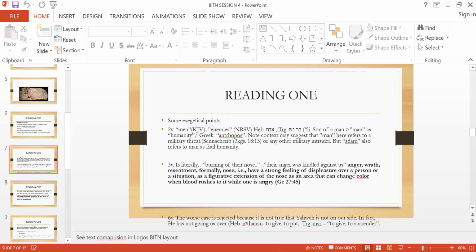As a figurative extension of the nose as an area that can change color when blood rushes to it while one is angry. Now, in some parts of the world, especially among those who are light-skinned or white-skinned, when they are upset, you can see that the face will turn red.